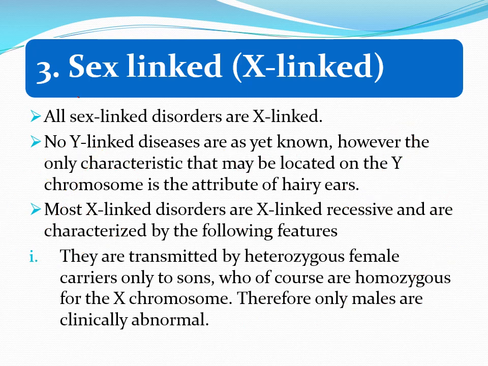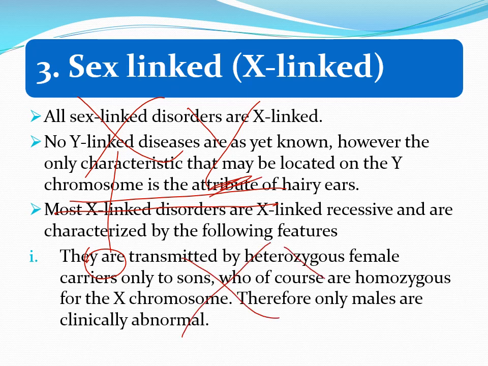That means when X is mutated and the baby is Y, that means a boy, all boys will have the disease, because whether it is dominant or recessive, it will express phenotypically, because the Y cannot do anything. But in female it must be dominant.